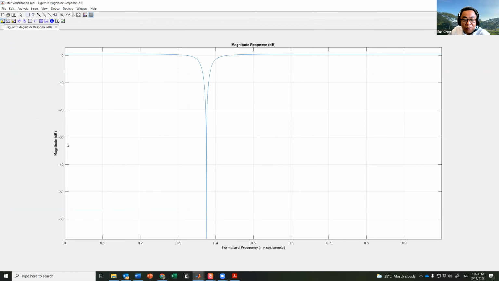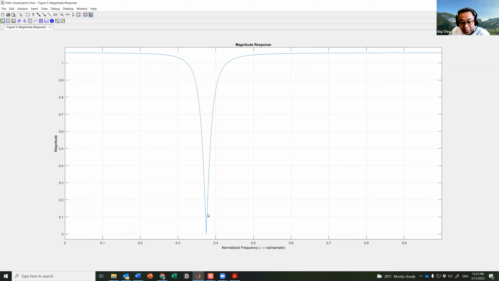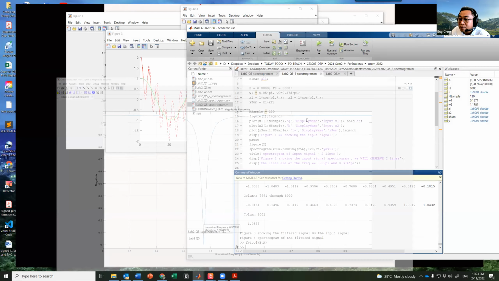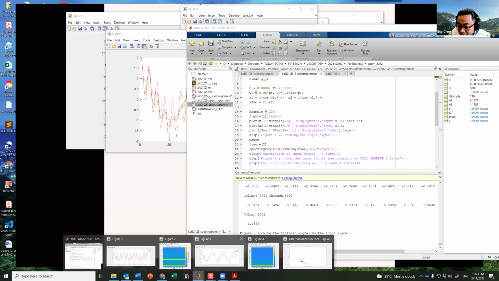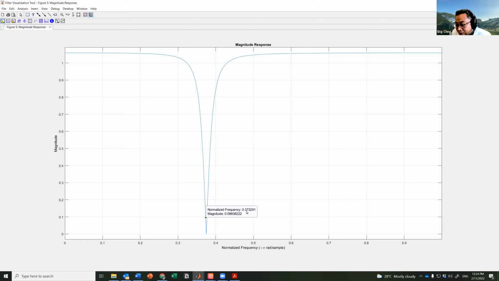Just think what happens if, instead of doing it this way, I change my input to 0.37329. So from the figure, I already know that if I'm sending a frequency of 0.37329 into the system, it will become smaller, to 0.1.